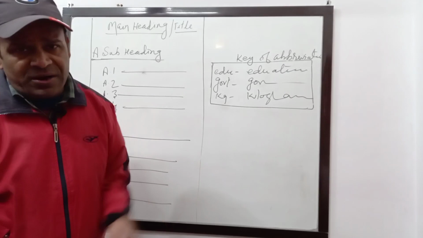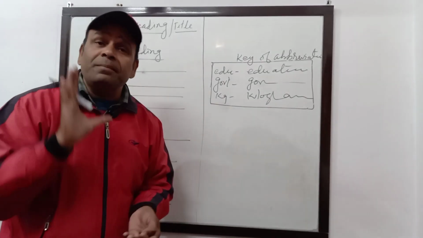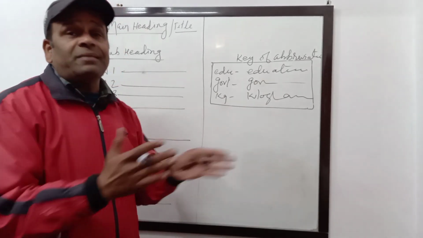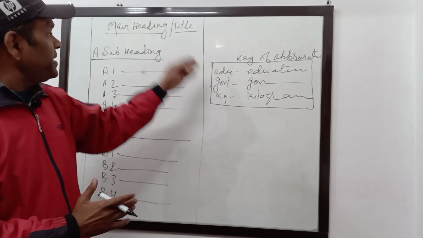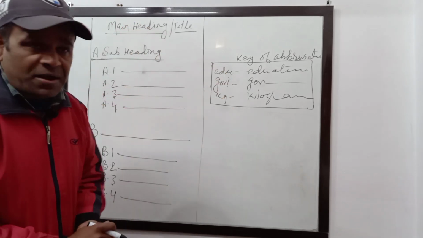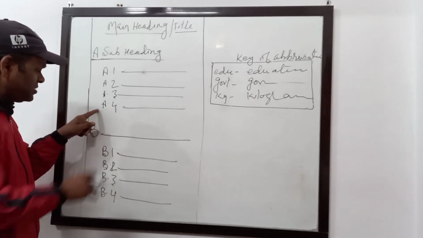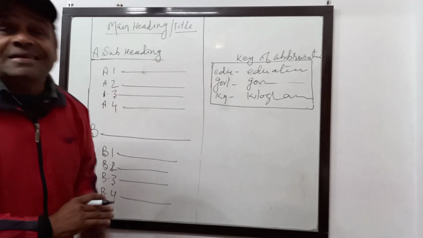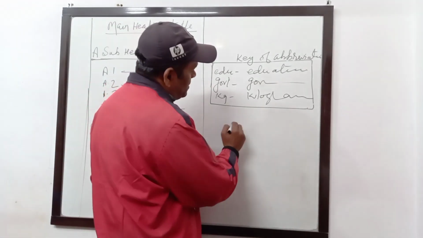Just 4 or 5 only, because this is an 8-mark question and you have to complete this question within the limitation of 10 to 15 minutes. You cannot waste too much of your time just writing all that list of abbreviations and everything. So simply 1, 2, 3, 4, the minor points that you can mention, and after that you make a list of abbreviation. Now comes the third part, that is summary.